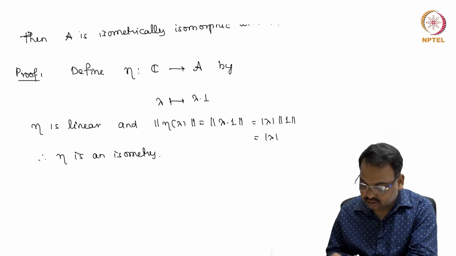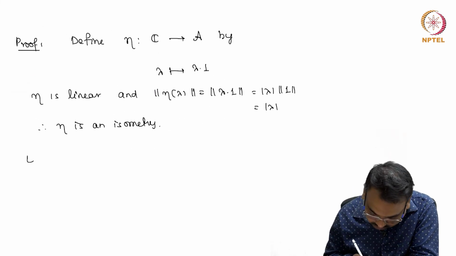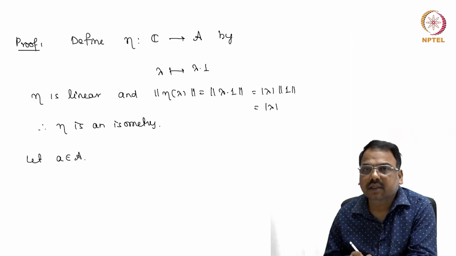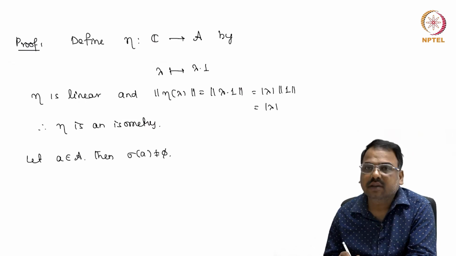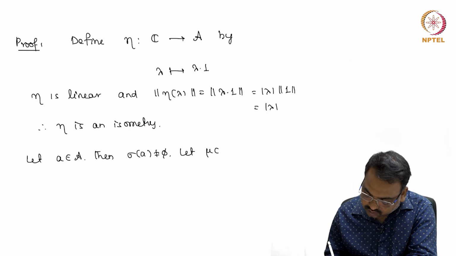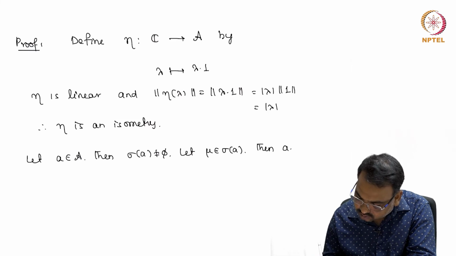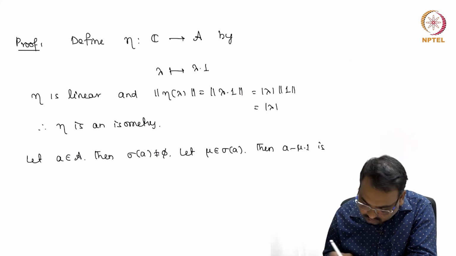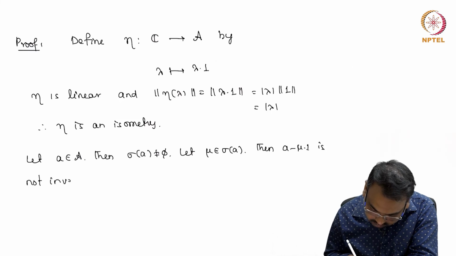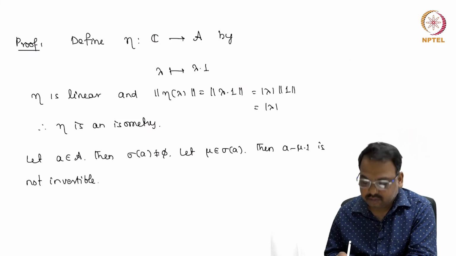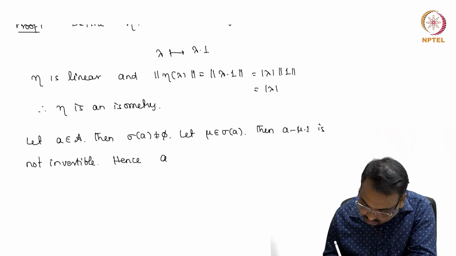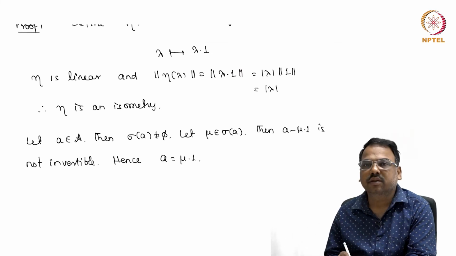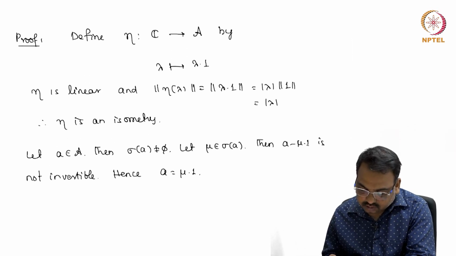We want to show that eta is onto. So let us take an element A in A. Then we know that the spectrum of A is non-empty. So let us take mu from the spectrum of A, then A minus mu times 1 is not invertible. Since A is a division algebra, we can say that A equals mu times 1.